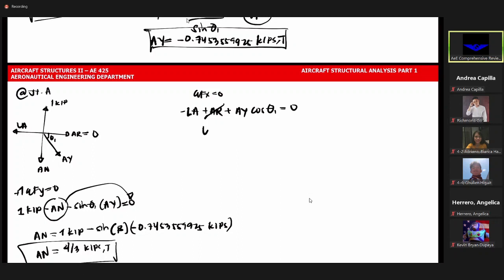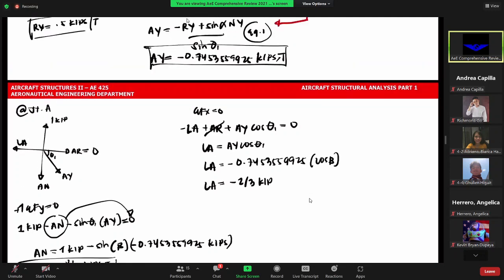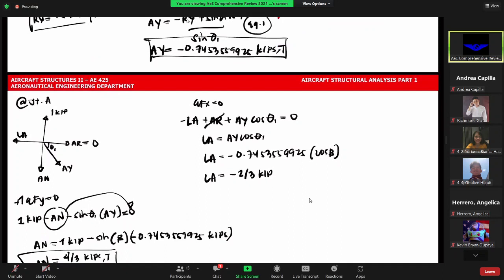Therefore, La is equal to Ay cosine theta sub 1. And La is equal to negative 0.7453559925 cosine store D. So what is our La? Negative 2/3, negative 2/3 kip. That is assumed tension.